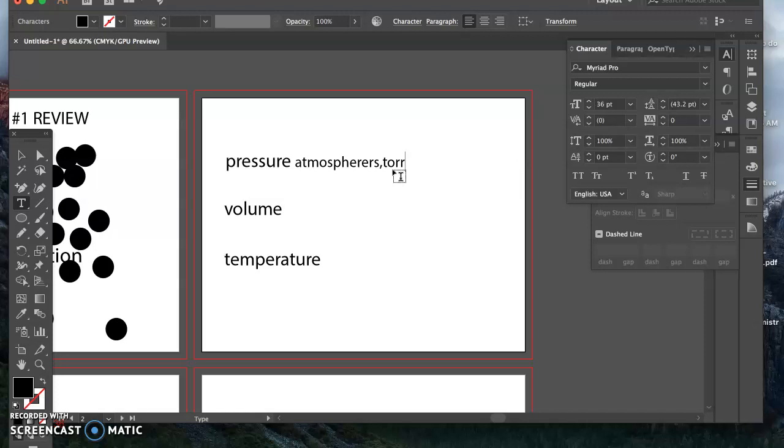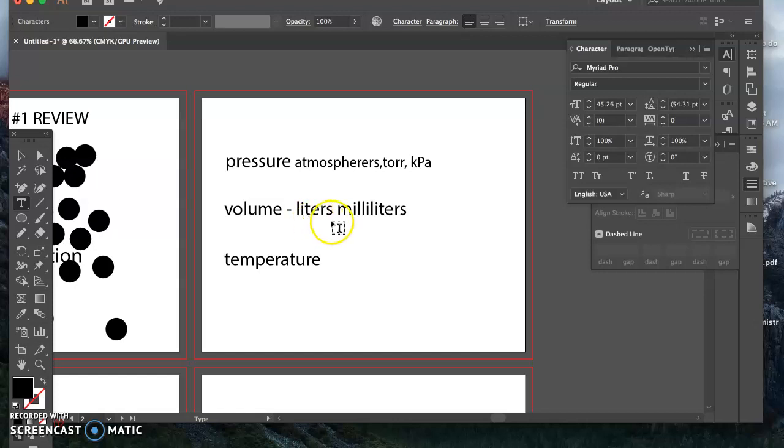So there's different ways that we can measure atmosphere. And the way that we usually do in our book is kilopascals, K meaning 1,000. Volume, almost always measured in liters or milliliters.